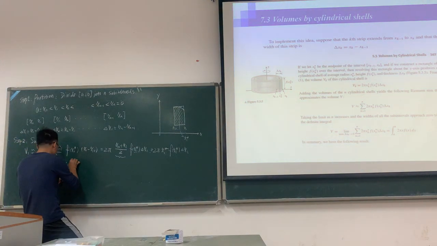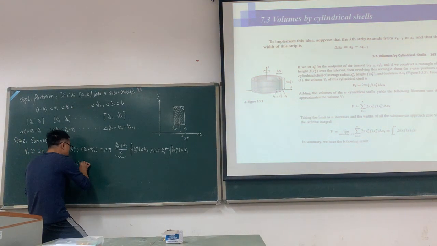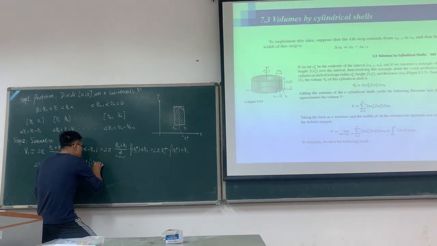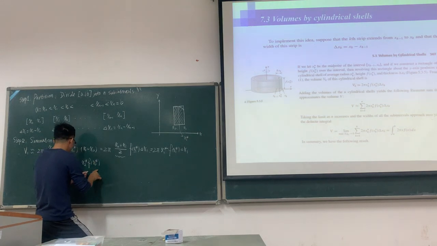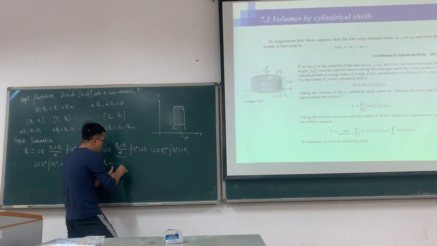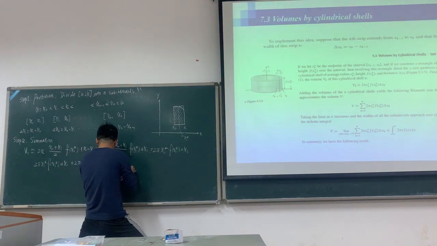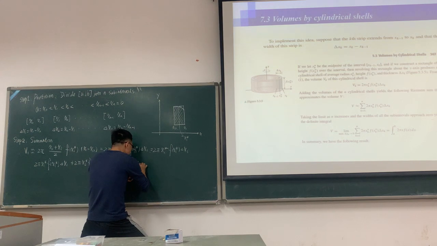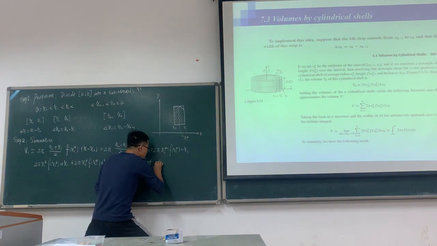The second is 2 pi x2* f(x2*) times delta x2, plus and so on until the last one, 2 pi xn* f(xn*) times delta xn.